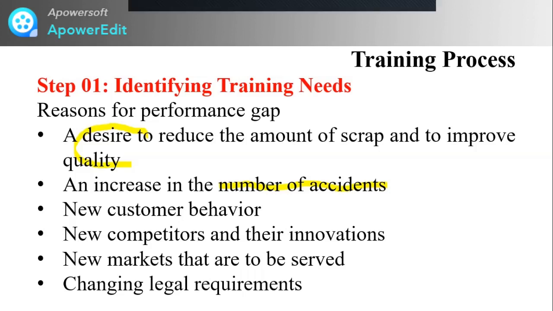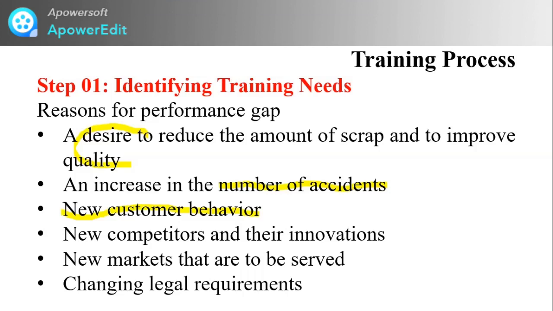The important thing is new customer behavior. Our product is usually offered to the market, and the market means customer behavior.